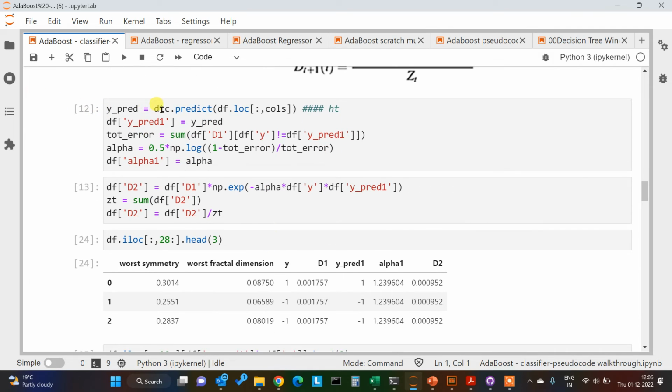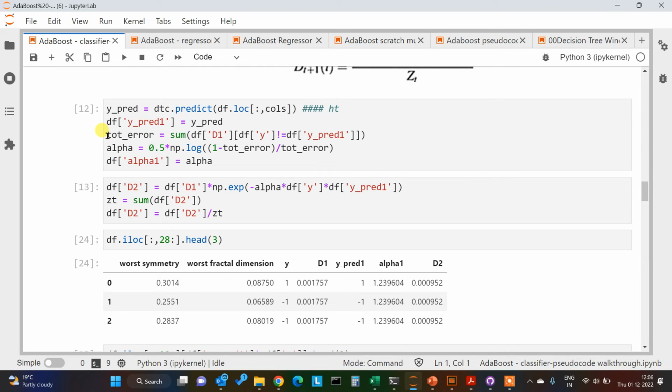Ypred is the predicted value of our tree, and let's read that predicted value into our data set as Ypred1 because it is the first tree. Now total error is calculated as the sum of the weights of all observations where our prediction is not correct. Okay, so that is the total error.